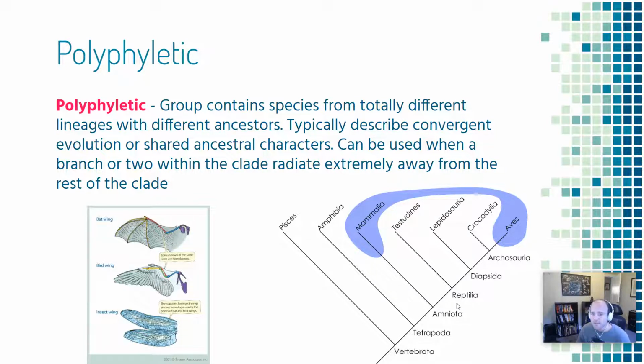So for example, if we wanted to talk about from this amniotic group, organisms with wings, we might be looking at those birds and some mammals like bats that we're grouping together. So you might be looking at convergent evolution here with those analogous structures, for example, where you're building a polyphyletic group. This is used when you've got some groupings that are way different than everybody else in that clade.